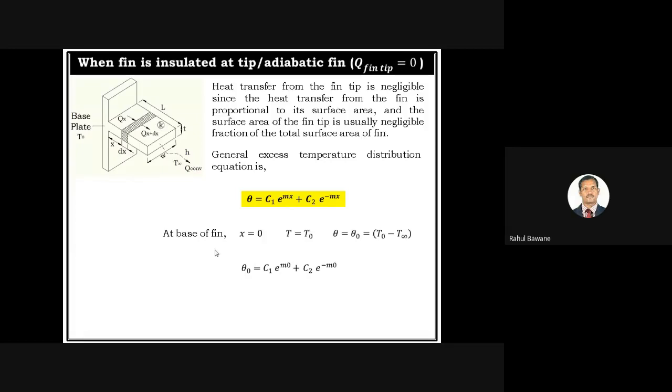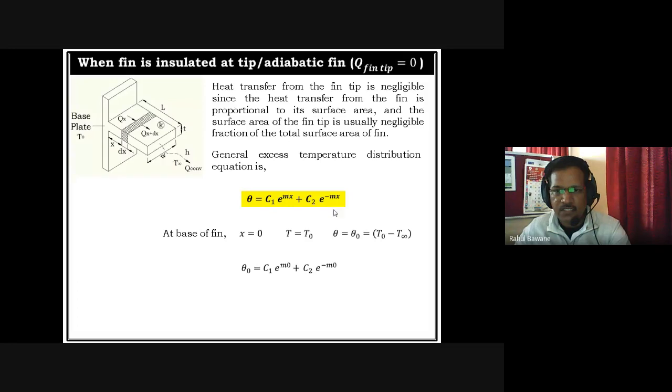So accordingly, if I put this condition in our generalized excess temperature distribution equation, it becomes theta 0 equals C1 e raised to the power m0 plus C2 e raised to the power minus m0, since the x value is 0. That means e raised to the power 0 and e raised to the power 0. And we know the value of e raised to the power 0 is 1.